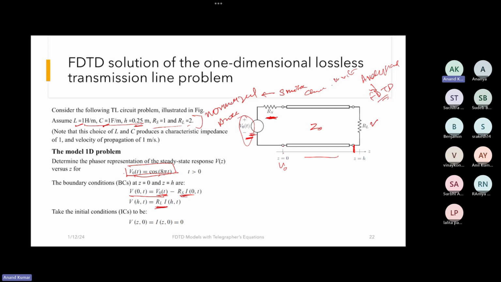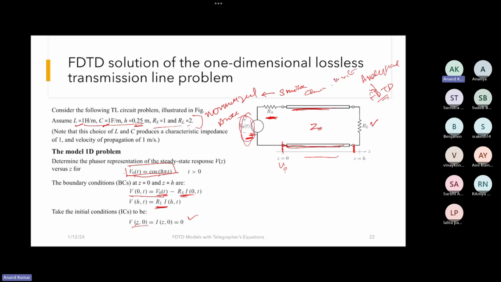And you can take the initial conditions as the voltage V over here and current over here throughout to be 0. So the transmission line initially has 0 voltage and current.